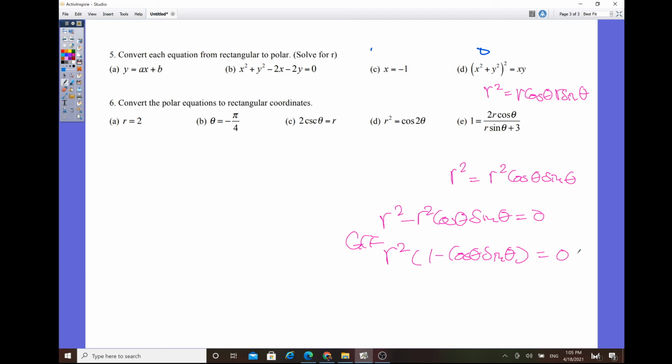And then this one's a little bit interesting. Okay, so that just shows the factor. You want to solve for r squared. So perhaps taking the square root of both sides.